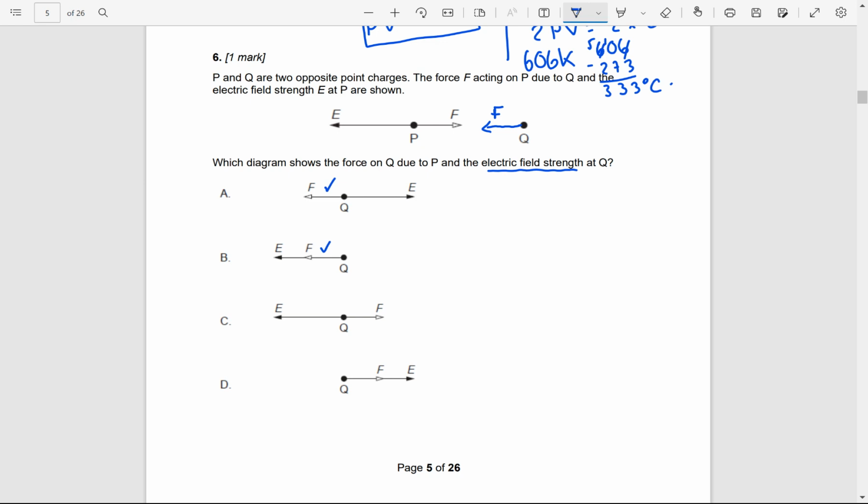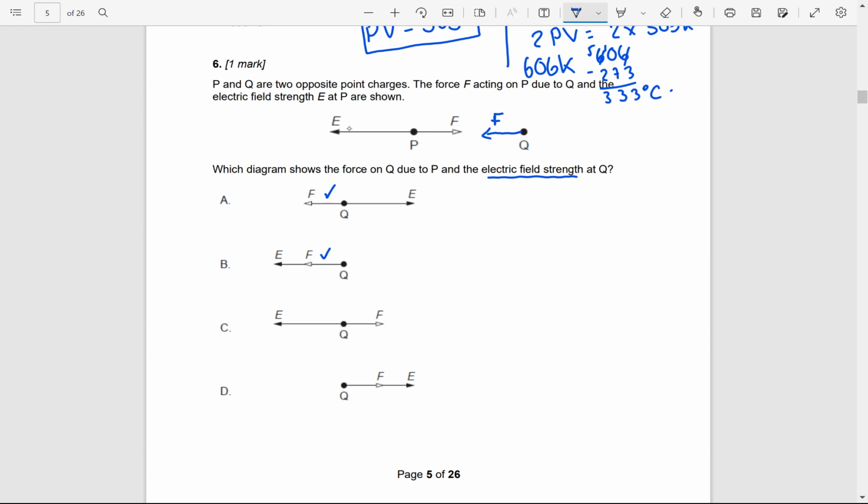Now, electric field strength is for a given situation, like in question 1, and that depends on the initial charge of the particle. So if we're going positive to negative, then it will come out of that charge. If we're going negative to positive, it will be going towards that charge.